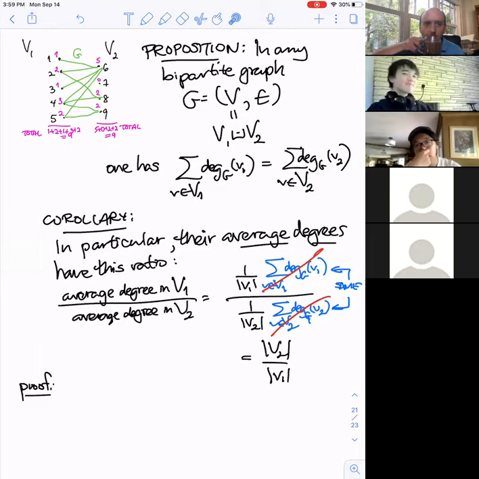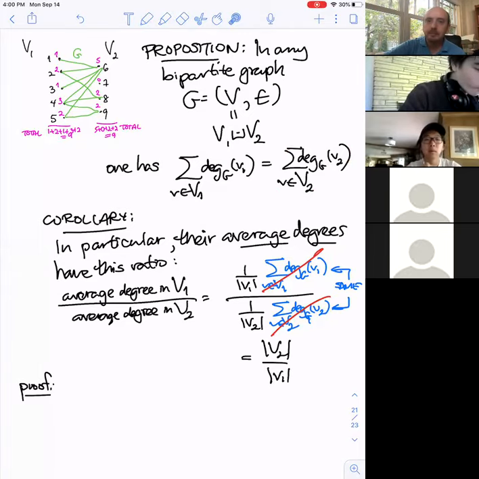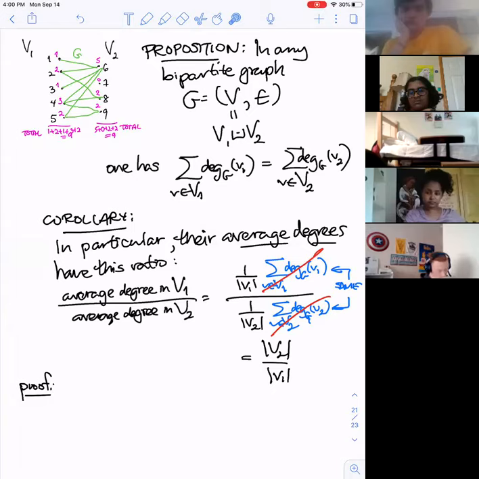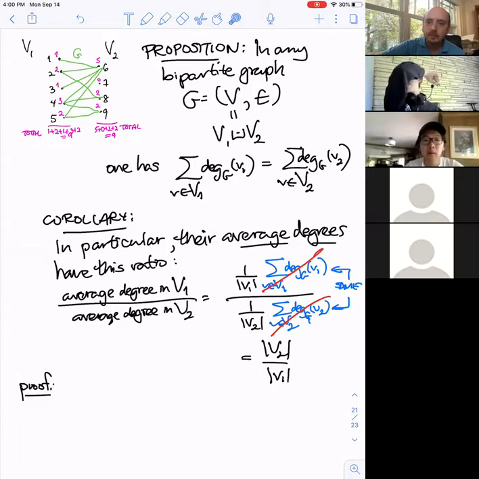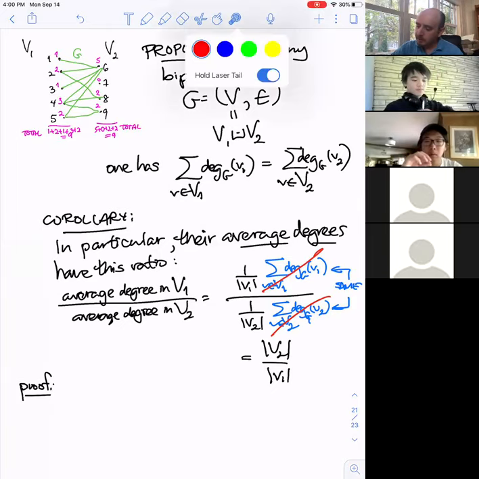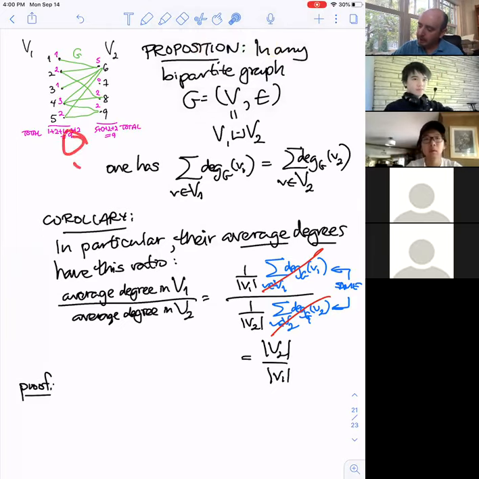Anybody else have any thoughts? Anybody figure out what these sums are? This 9 and 9, right? We got a 9 here and a 9 here. Anybody see what 9 is counting?